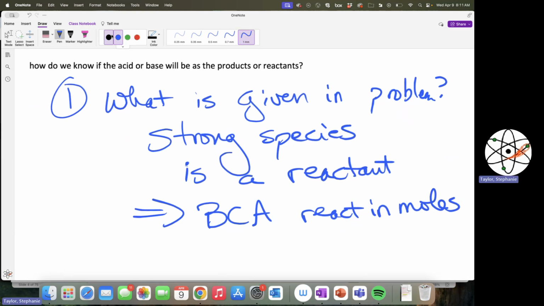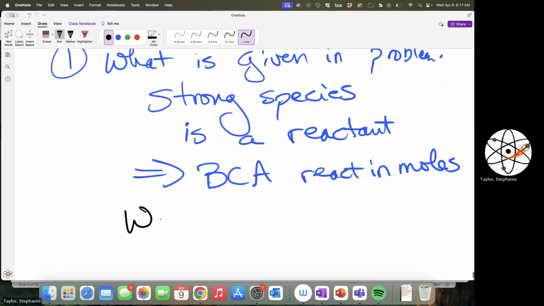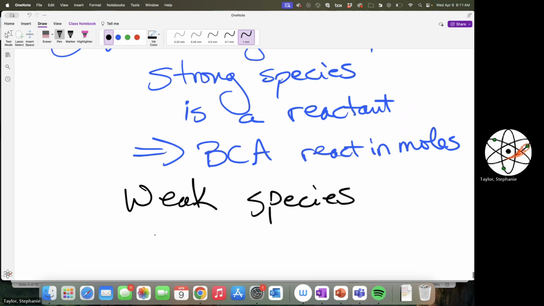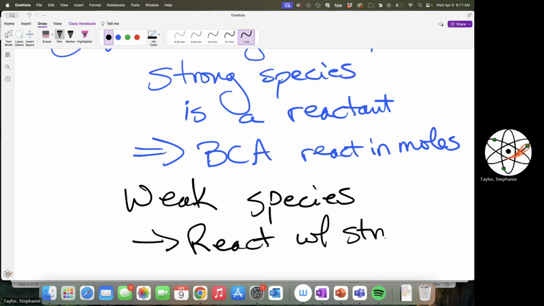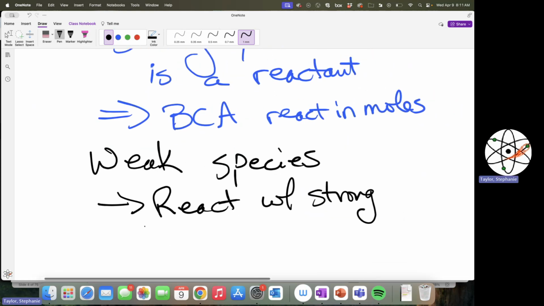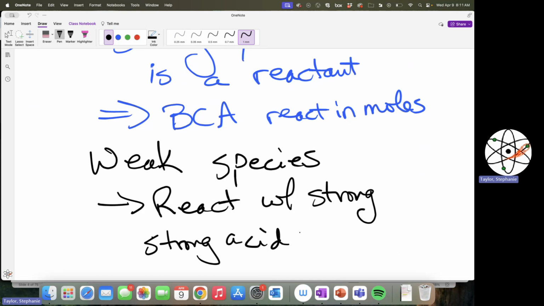From there, your weak species has to react with the strong one. So if you have a strong acid, you pair that with the weak base.